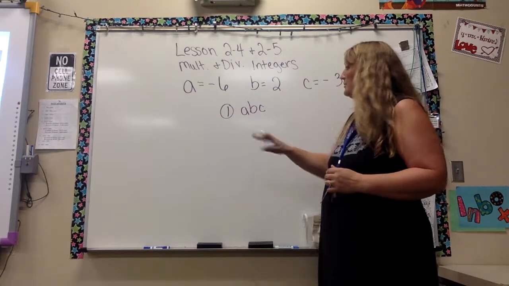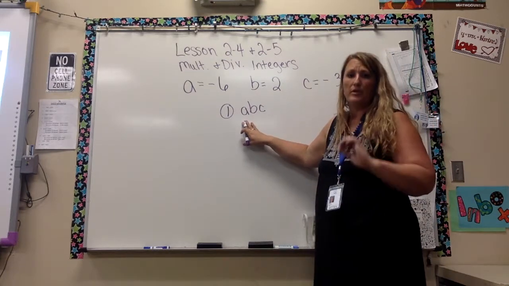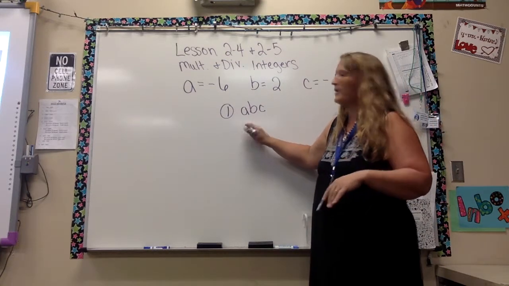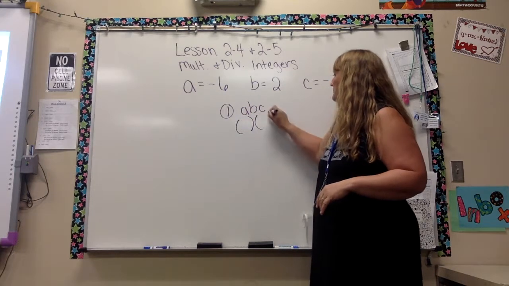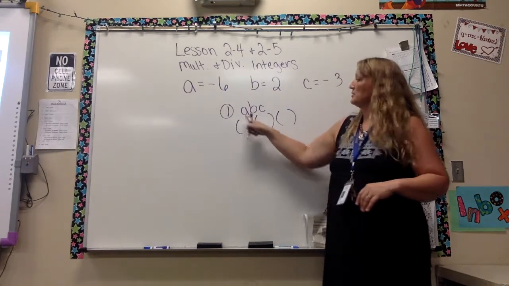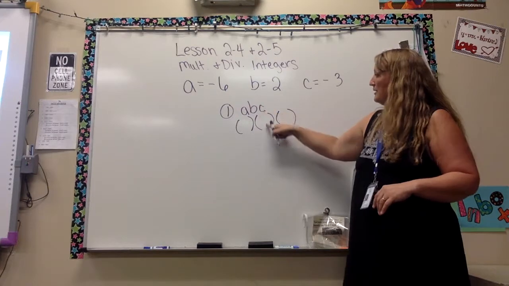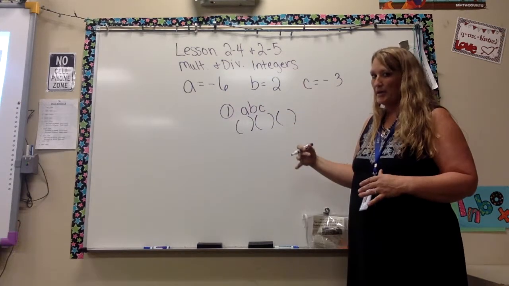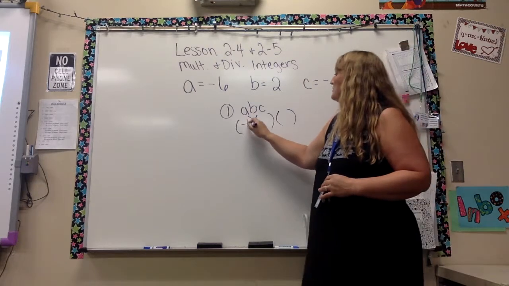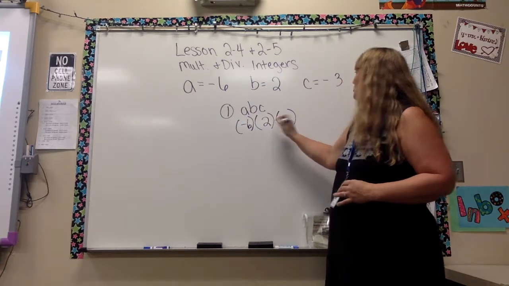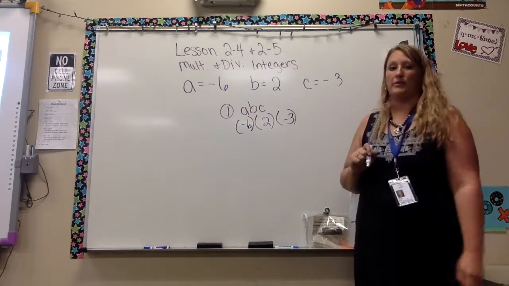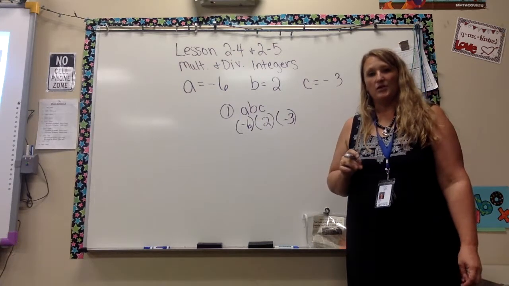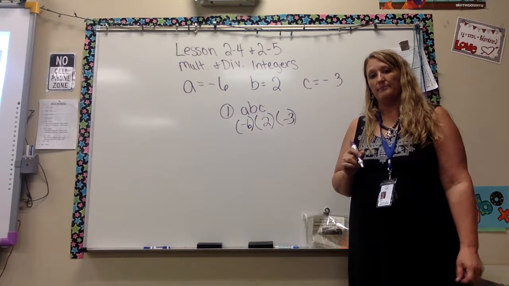You have to take the variables out and you have to replace them with parentheses, not the number right off the bat. So I just took out the A, put parentheses, took out the B, put parentheses, took out the C, put parentheses. Now we're going to substitute those numbers in. So we have a -6, positive 2, and a -3. Go ahead and pause the video and work that out and see what you get.